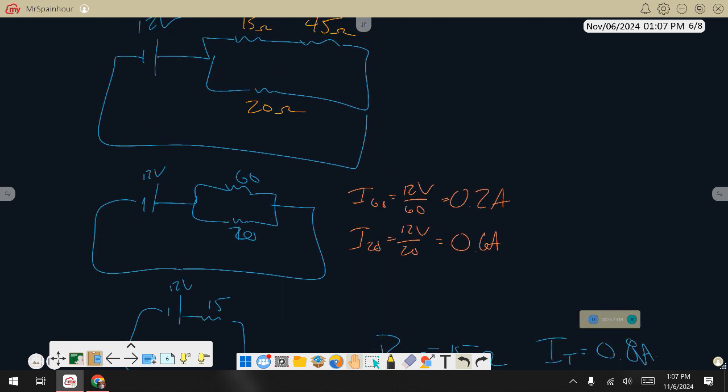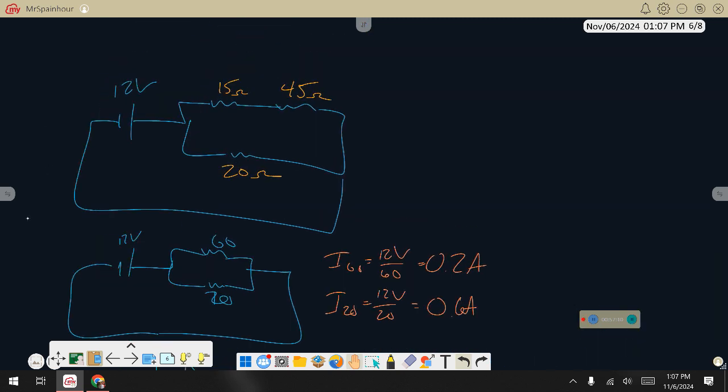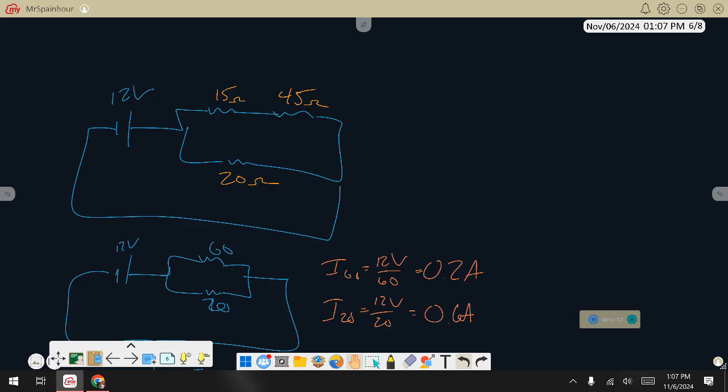We know the total voltage and the total current in both of them, so going back, I know the total voltage is 12 here and the total current is 0.6. Up here, what stays the same and what splits? Current's the same, voltage splits. So with current being the same, I know the current in both of them is 0.2 amps.